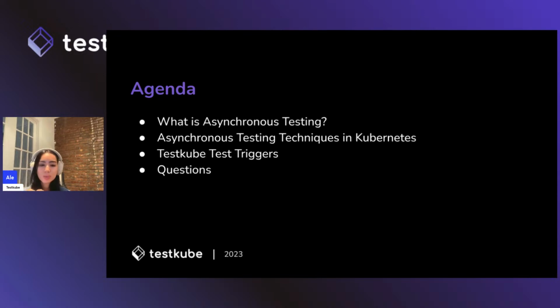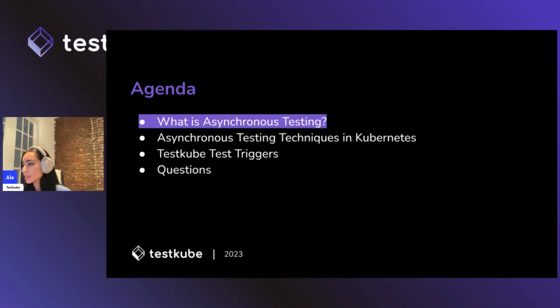And of course, the approach you can take with Testkube by using Testkube's test triggers. We'll also cover what test triggers are. Then obviously, feel free to ask any questions at the end or any time during the live stream. Very happy to chat with anyone that's interested.